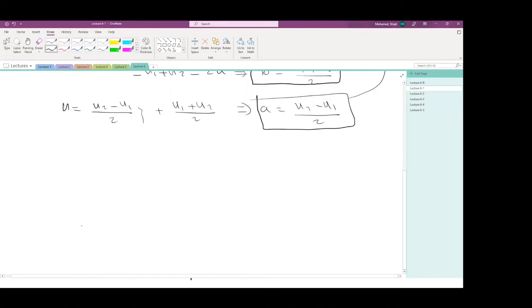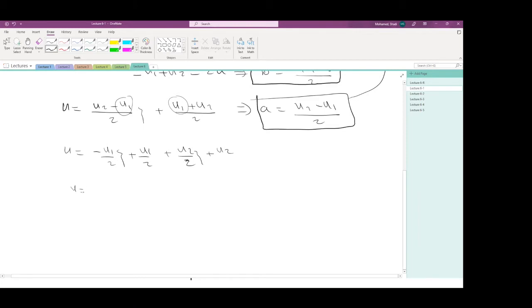The shape functions process, the way to find the shape function is exactly still the same like before. So I will have everything rearranged according to U1 and U2. So this is U1 and this is U1. So I will have minus U1 divided by 2 xi added to U1 divided by 2. And then I have U2 divided by 2 multiplied by xi added to U2. Okay, so I'm just going to take U1 and U2 as a common factor.